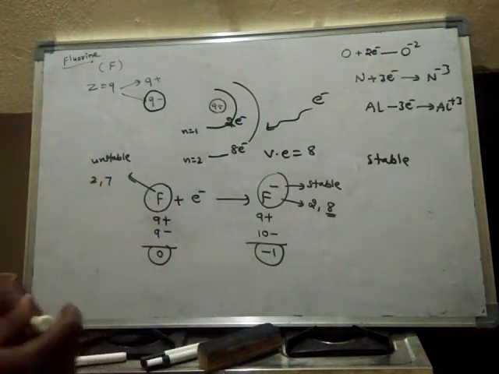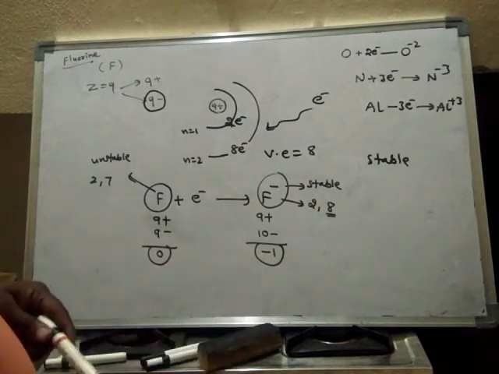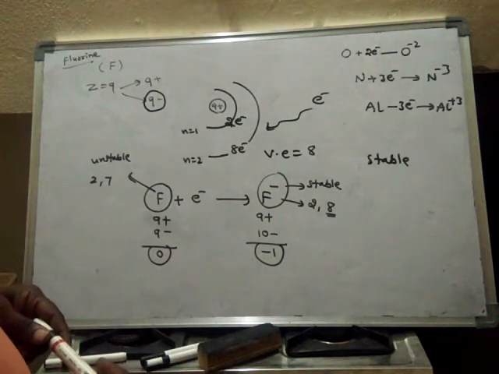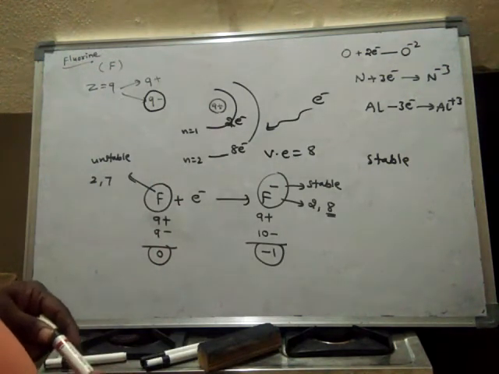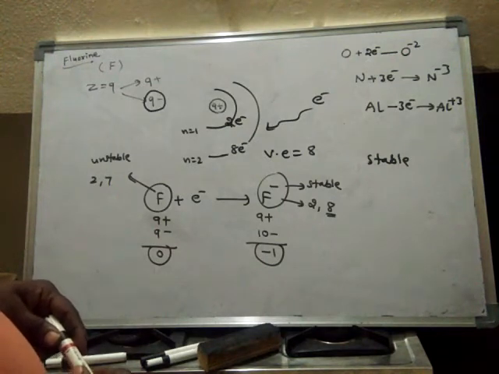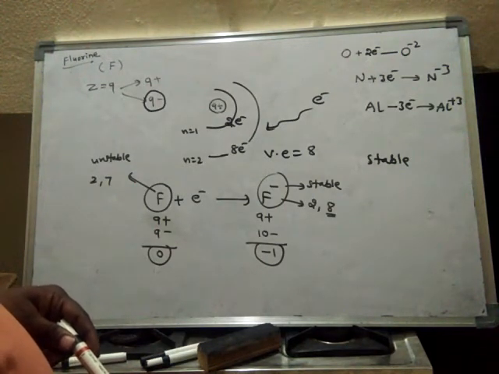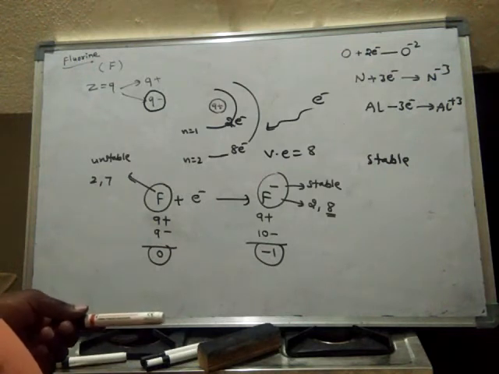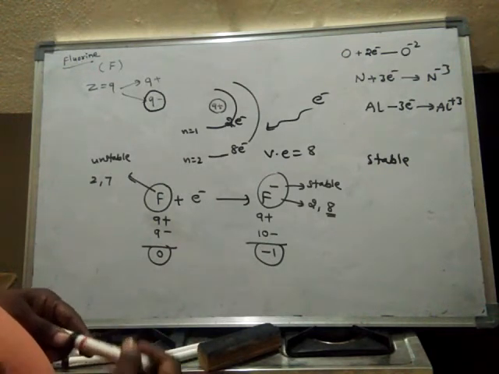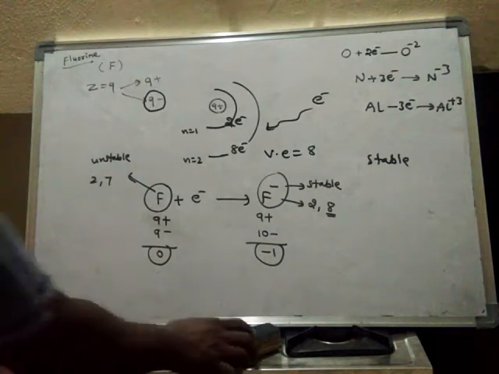So there are some atoms which lose electrons, and some atoms which gain electrons. Why do atoms lose or gain electrons? To become stable.